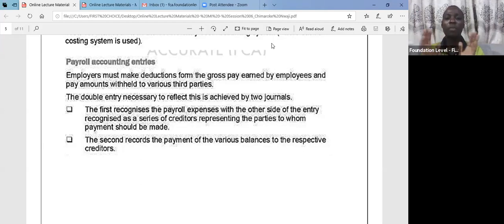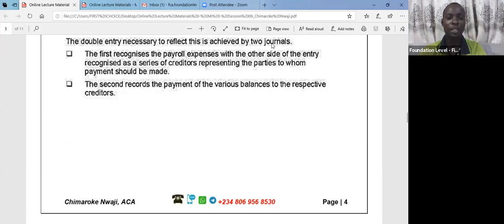The double entry necessary to reflect this can be achieved by two journals. In the first journal, you recognize the payroll expenses, with the other side of the entry recognized as salaries and a series of creditors representing the parties to whom the payment should be made. The second records the payment of the various balances to the respective creditors. So let's see the example here.